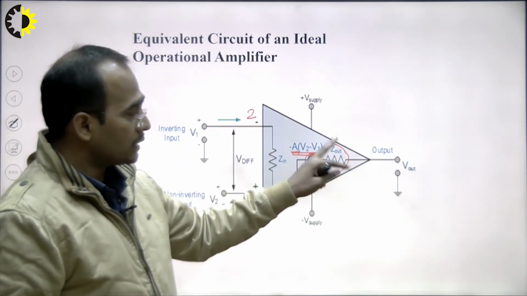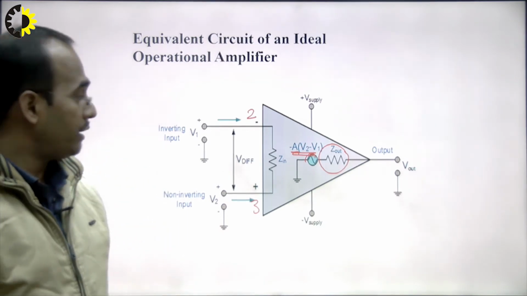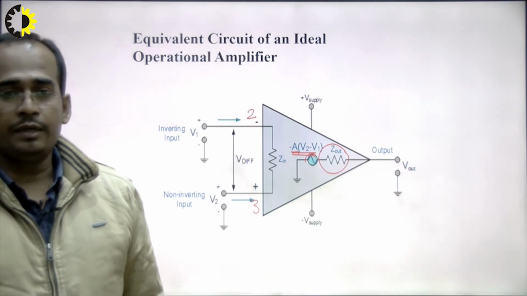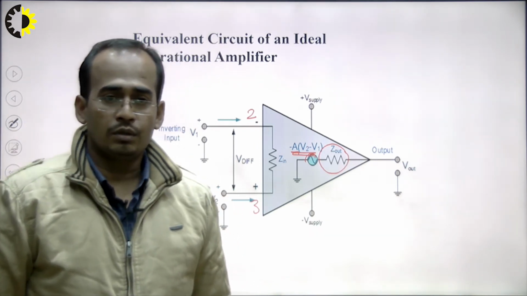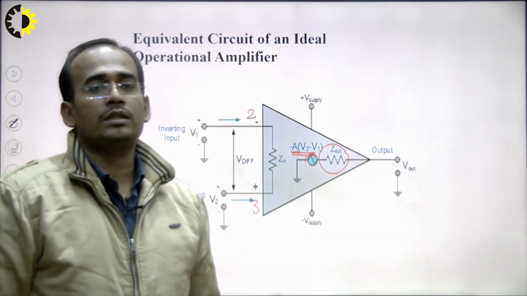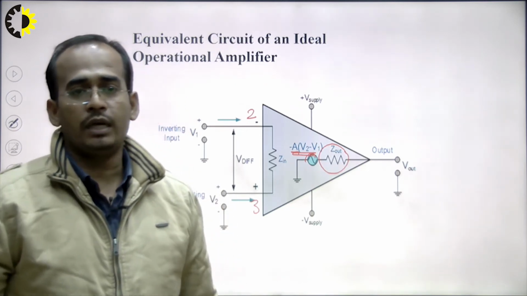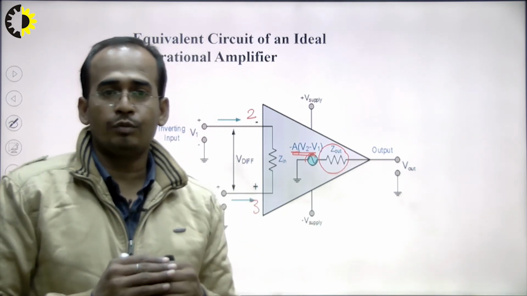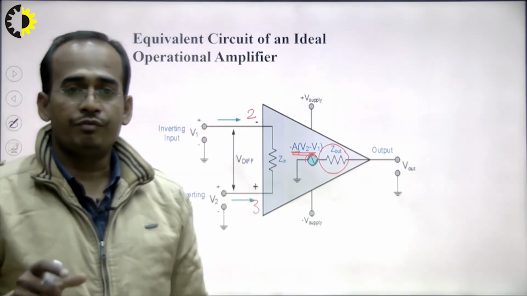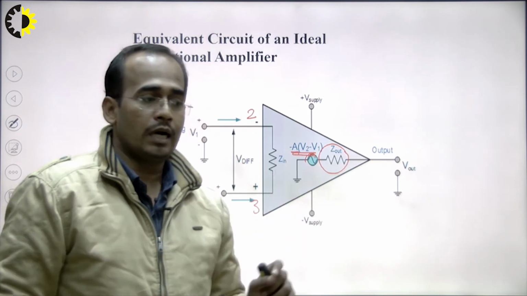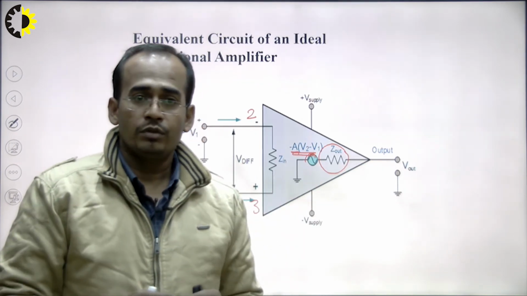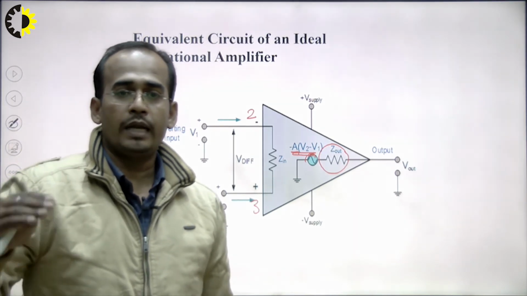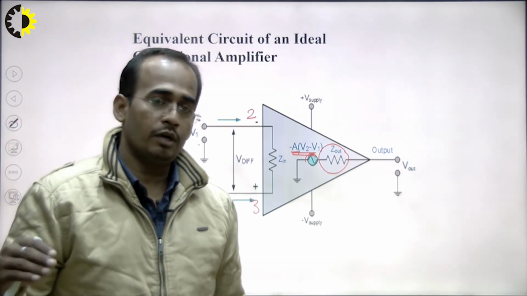So, why are we taking the output resistance low and the input impedance high? When the input impedance is high, the maximum drop will occur across this resistance and it will transfer to the next stage of the amplifier. And why are we taking the output impedance low? We want whatever output we get at the output of the differential amplifier to be the same at the output stage of the operational amplifier.